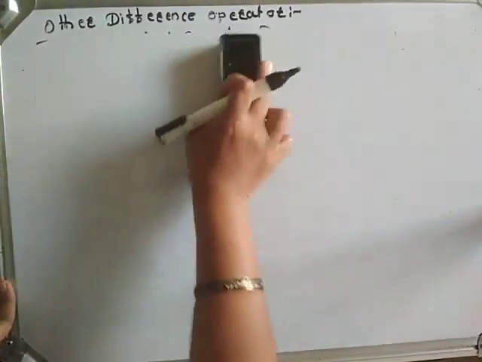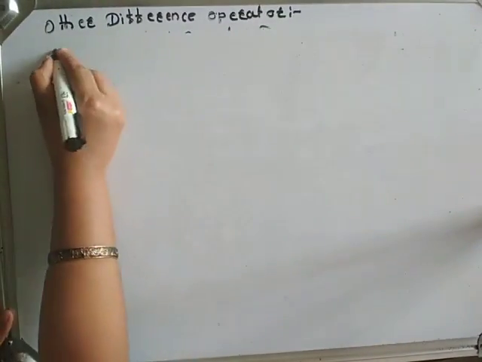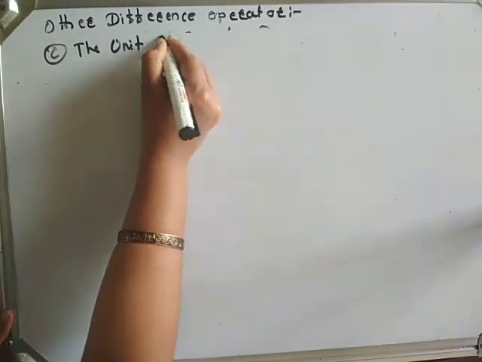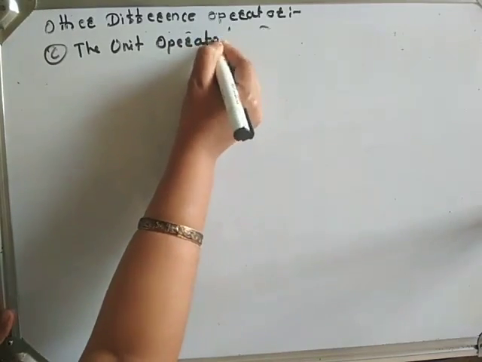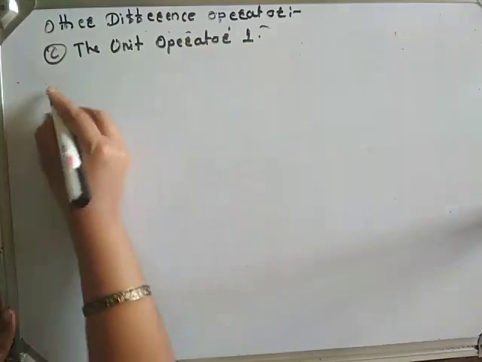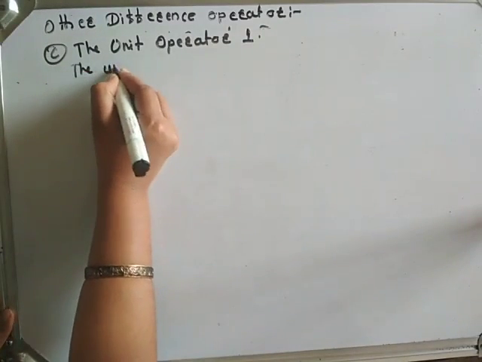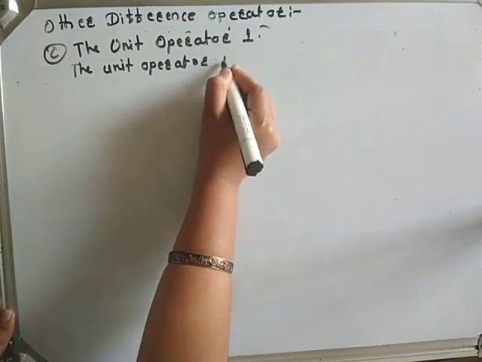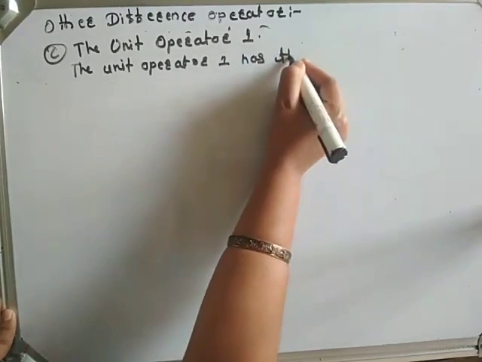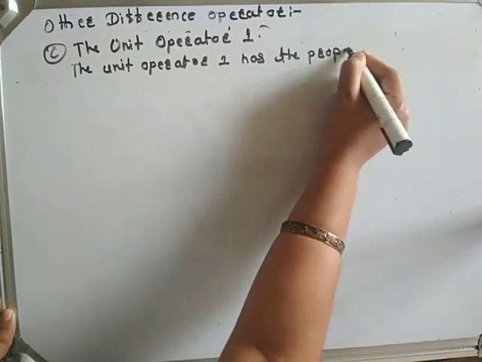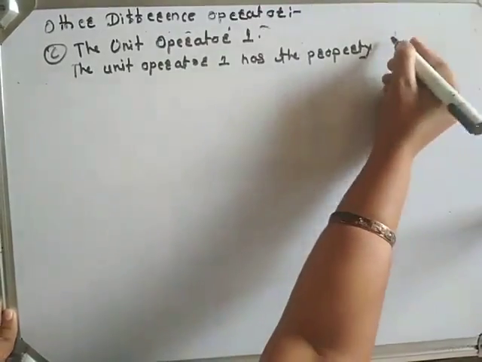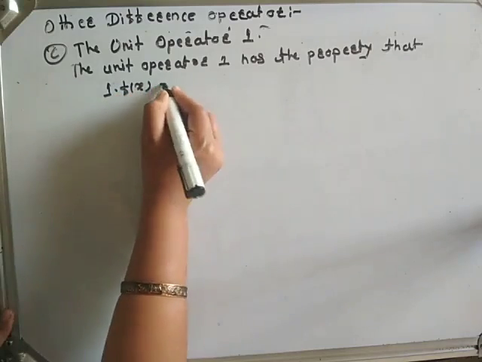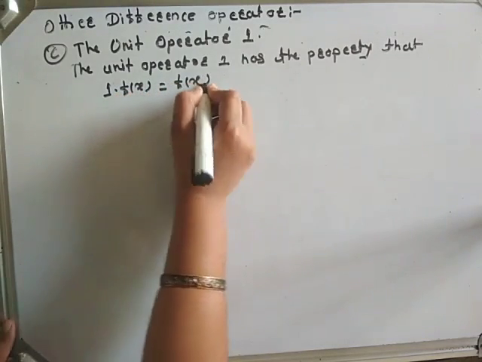Next operator is the unit operator 1. The unit operator 1 has the property that 1 into f of x is equal to f of x.